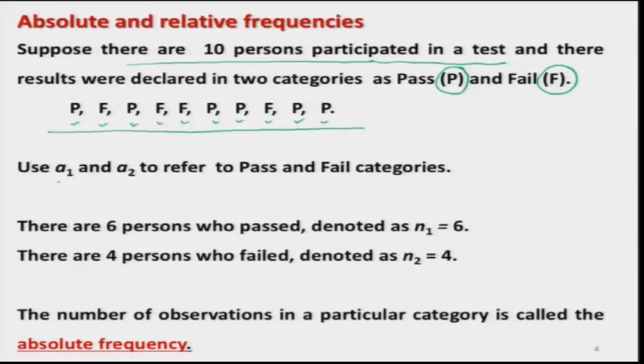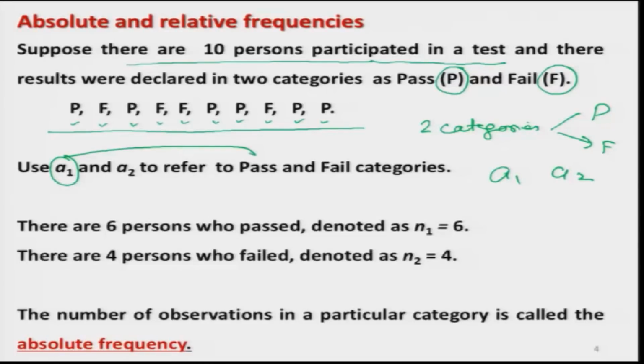So now I would try to denote here the two categories. There are two categories, one is pass and another is fail. So, I can now in general represent these categories as A1 and A2. This A1 category will represent the candidates who have passed and A2 category will represent those candidates who have failed.